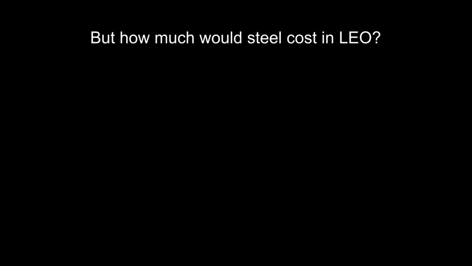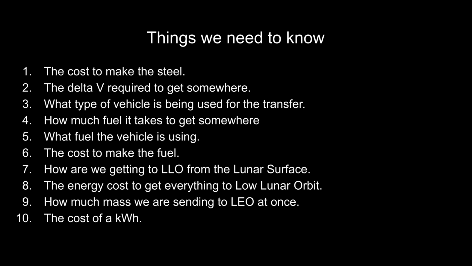But you need to export it to low Earth orbit, which would take more energy than just producing it and selling it on the moon. So how much would steel exported to low Earth orbit cost? To calculate this, we need to know several things. 1. The cost to make the steel. 2. The delta V required to get to the low Earth orbit. 3. What type of vehicle is being used for the transfer. 4.